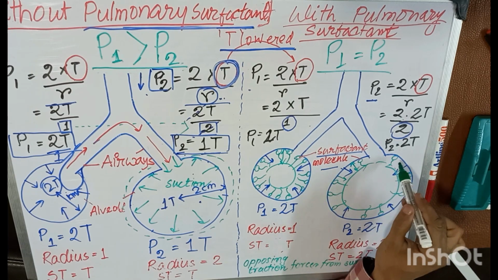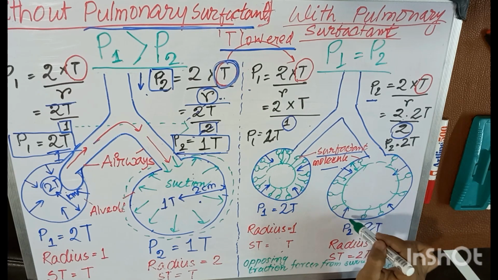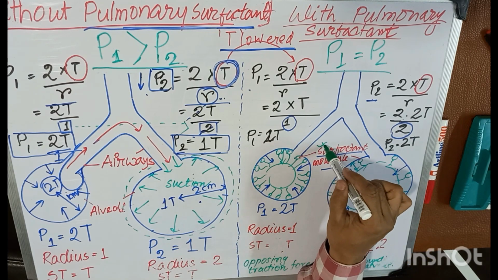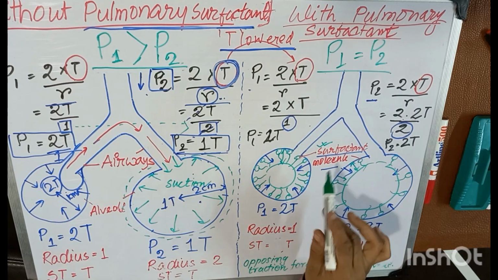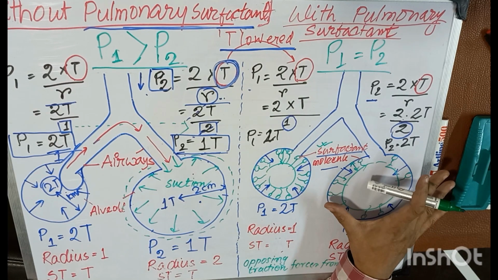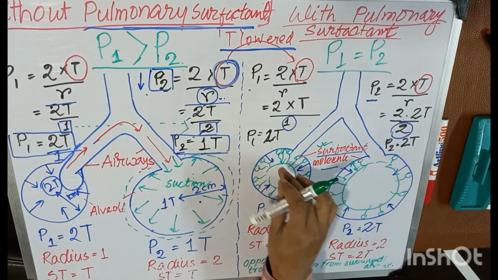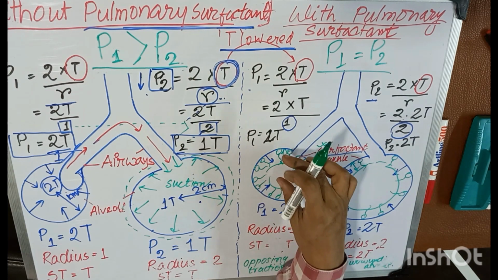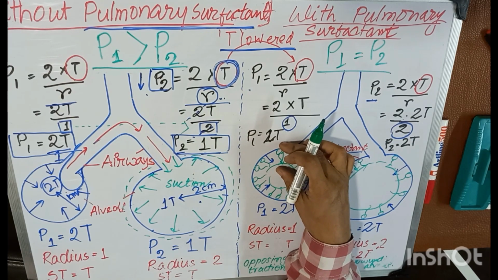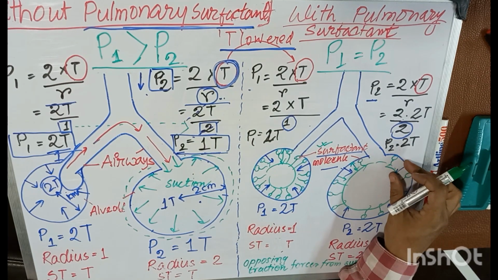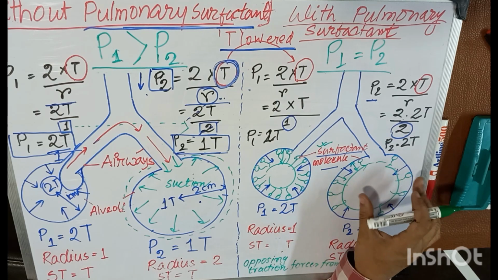Because of this thinning of the surfactant layer, what is happening? The surfactant molecules lower surface tension, but if there is an increase in the alveolar diameter, there is a thinning of the fatty layer because of this increase of volume.